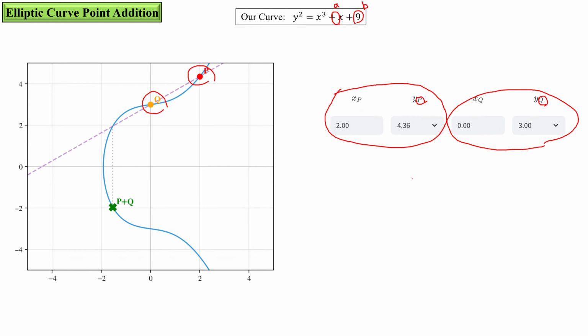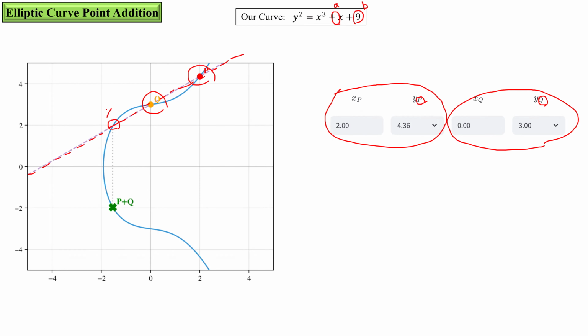Okay, to compute the addition of 2 points on a curve, you need to draw a line that passes through the 2 points, P and Q, right? So this is this purple dotted line. This line will then intersect the main curve in a point, which is here.